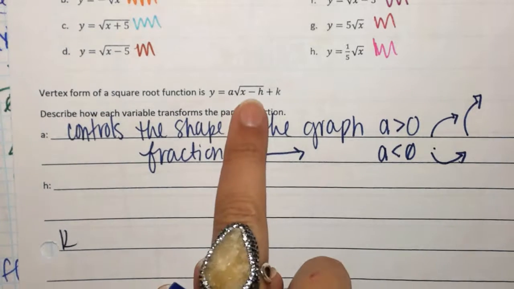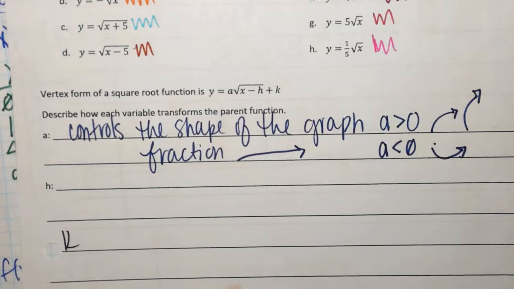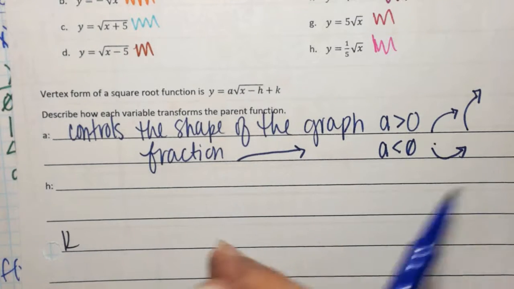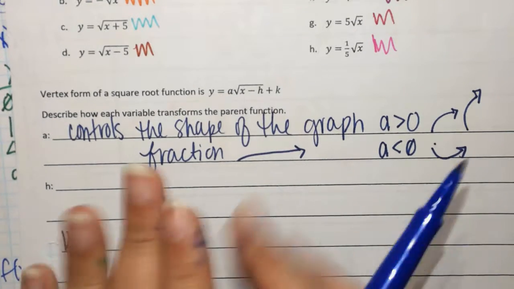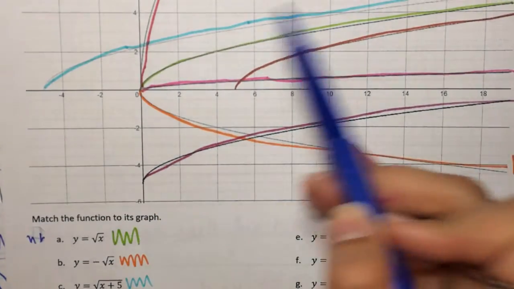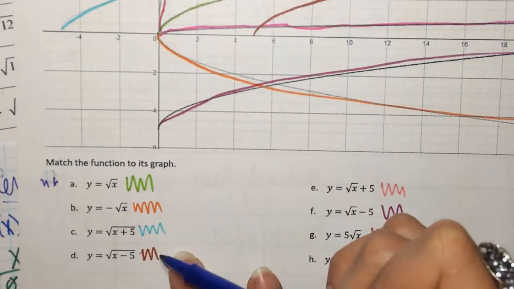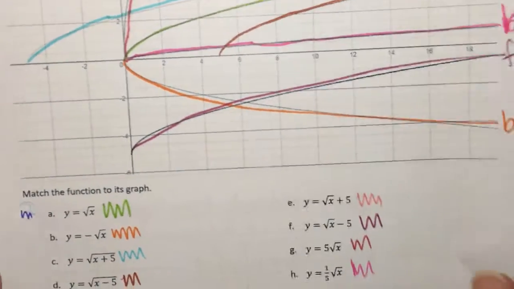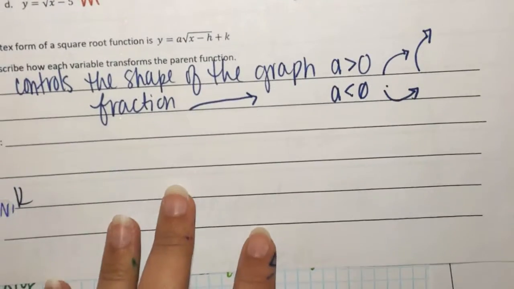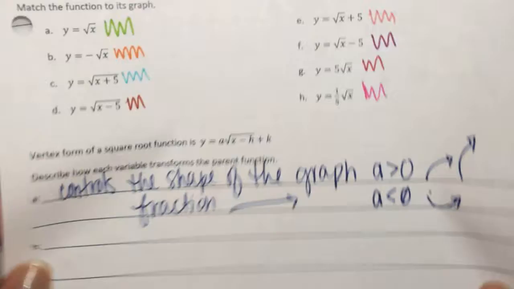Now, what does H do, the one on the inside? Look back to what we found up there at the top. Look at C, where C is. C is x plus 5 on the inside, and it's this blue line. So what does H do? It changes where it starts, right? But does it move it left or right or up and down? Left and right.